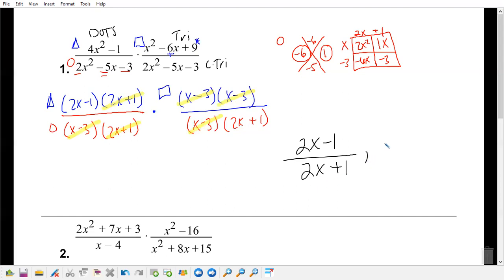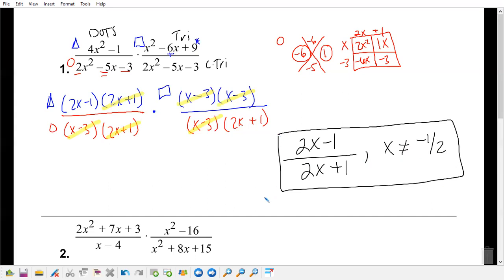And I have a restriction that x can equal what? -1/2. If you're wondering why it's -1/2, remember you're taking 2x plus 1, set it equal to 0, subtract 1, you get 2x equals -1, divide by 2.